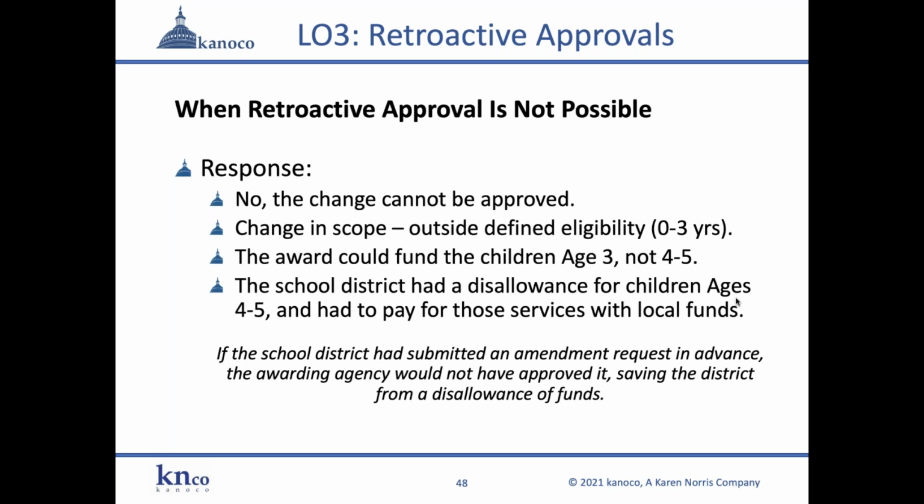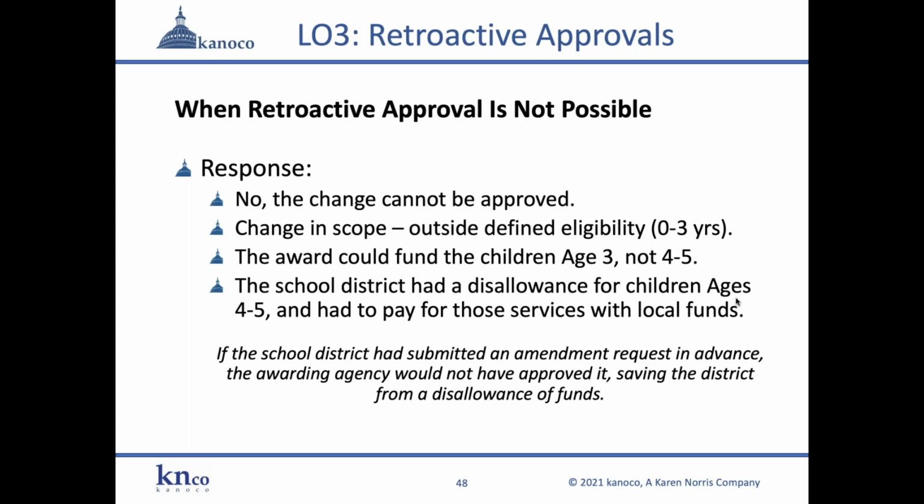But the awarding agency said, look, the money you spent on the 4 and 5-year-olds, we cannot cover that. We cannot reimburse you for those children with the grant funds. You're going to have to pay for them with your own local funds. If you had only asked us ahead of time, we would have alerted you not to do that, so you wouldn't have this disallowance of funds.